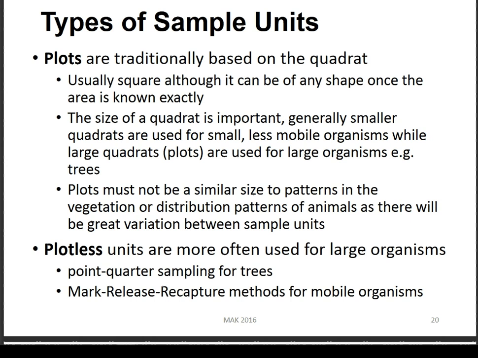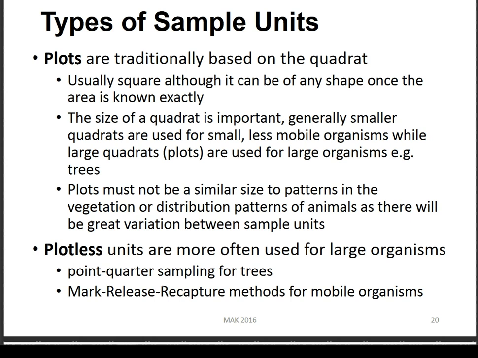And in fact, a transect can be thought of as a plot, but a very long, thin, rectangular plot, particularly if you're making observations and measurements to a certain distance each side of your transect line.